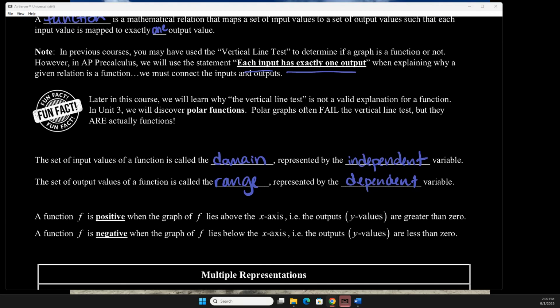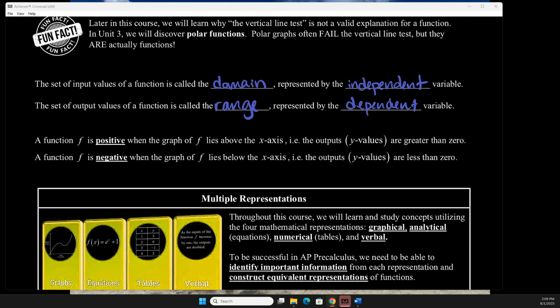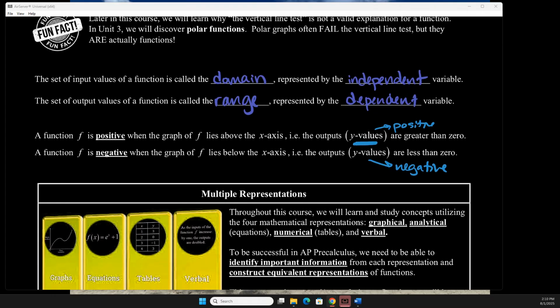But this first part, you already know that a function is positive when it's graphed above the x-axis, and a function is negative when it's graphed below the x-axis. Or you can think that the y values are going to be positive when the function is positive, and the y values are going to be negative when the function is negative. So that's important. I think you already knew that from before.